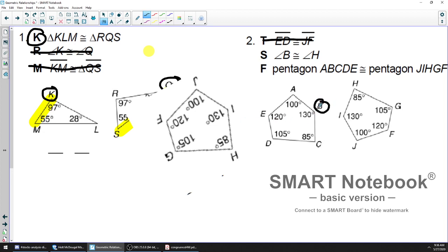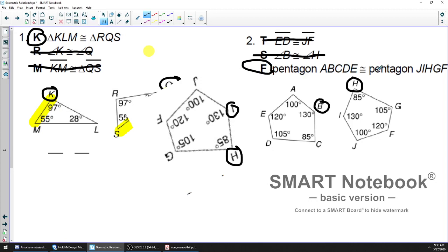Right here. When I flipped it, it should be this one. So is this H? No, H is right here. So do they match? No. Even over here, does it match? The numbers don't match. So clearly this is incorrect. So the last one would be F.